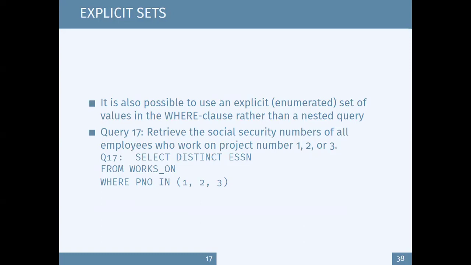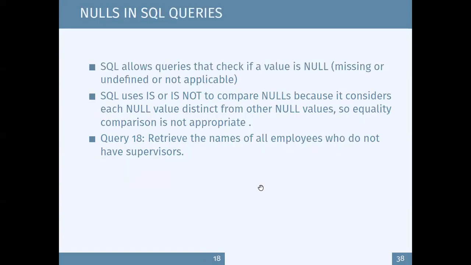But if you want to retrieve data about multiple projects, like in this case those who work on project number 1, 2, or 3, you use the IN operator and then a set of numbers. That's what we call an explicit set, with which we can get the data from a database.